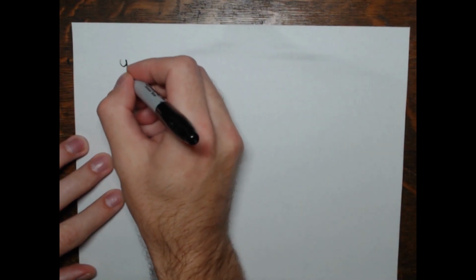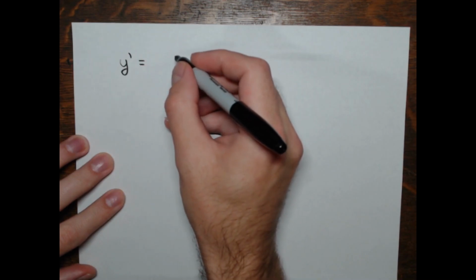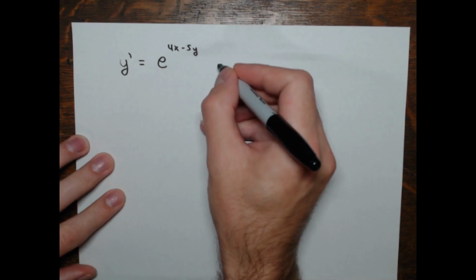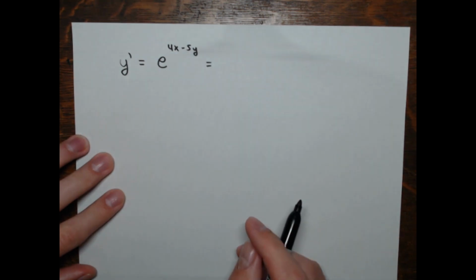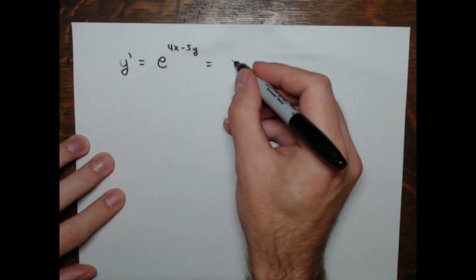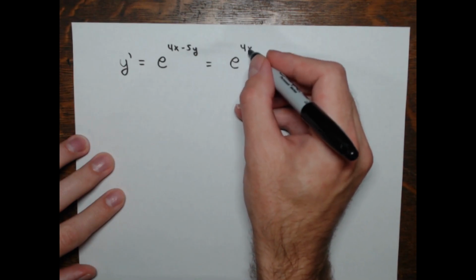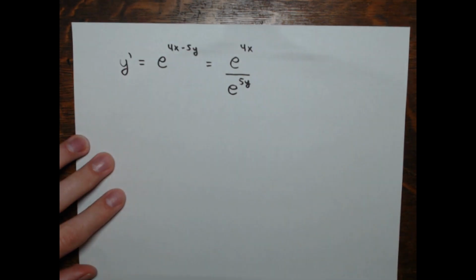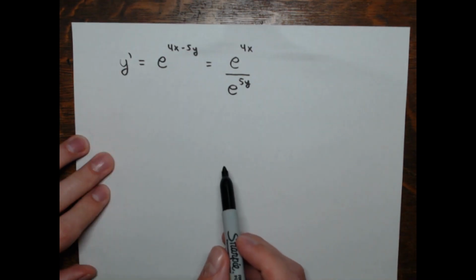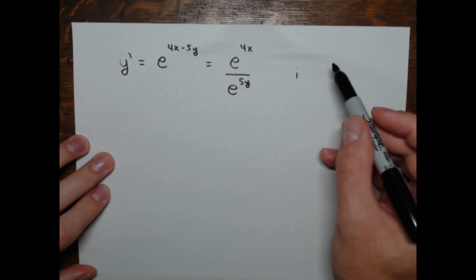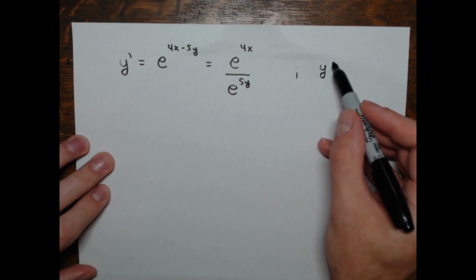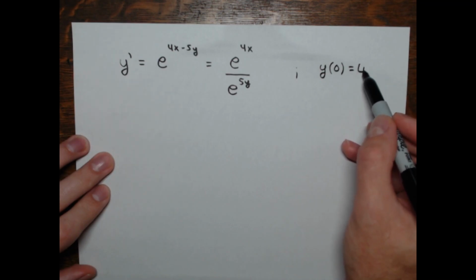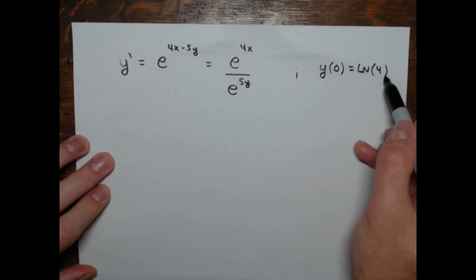So the equation we're given, y prime equals e to the 4x minus 5y power, which, if I want to see this as separable, would be e to the 4x divided by e to the 5y. And I can easily separate. The condition, the value of y at x equals 0 is the natural log of 4.